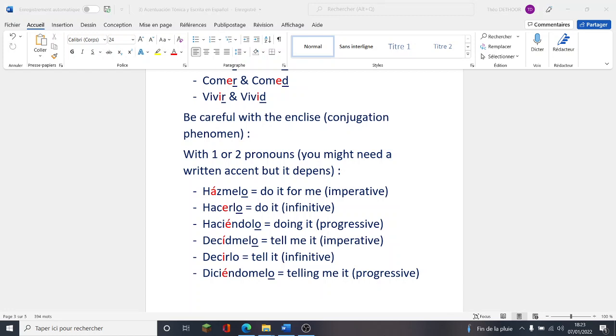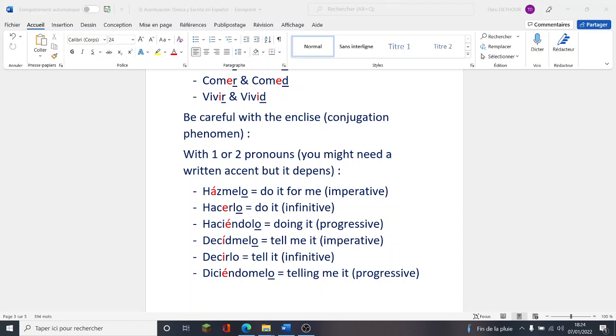But basically, all those forms are meant to be stressed on the same syllable, in order to keep coherence when you're pronouncing words. Because if you conjugate a verb at different tenses and the stress is not on the same syllable, there would be no coherence, right? So in order to stay coherent, you will sometimes need to put written accents.